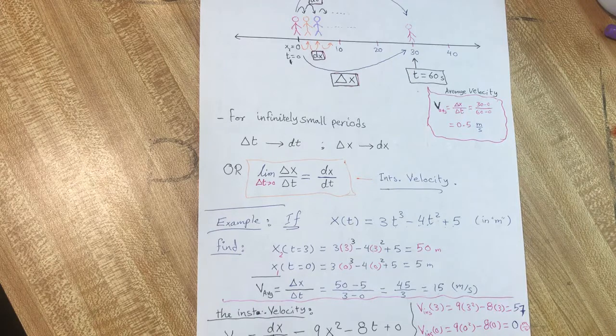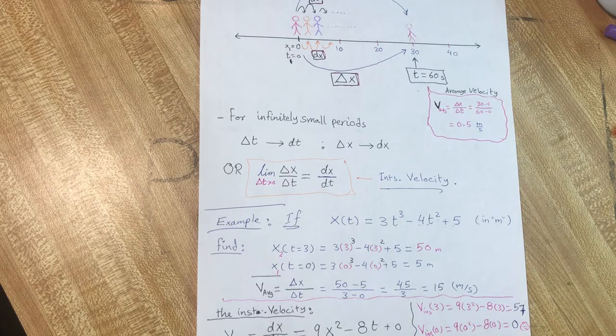What about the instantaneous velocity? That's easy. I need to take not delta x over delta t, but the first derivative of x with respect to t, which is dx over dt. This is a calculus course, so I can differentiate this with respect to t.